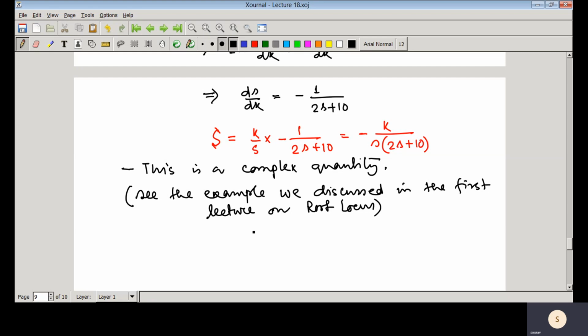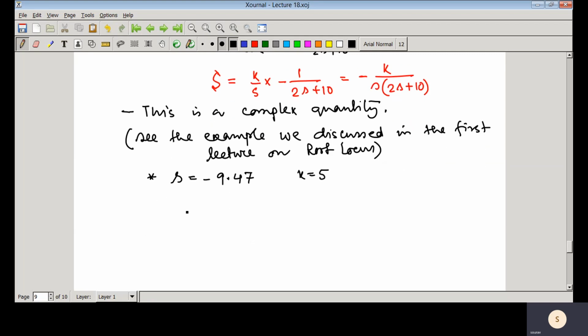From that example we are taking data, that means we get S equal to, the location of that pole was minus 9.47 when K was 5. So in that case, what would be the root sensitivity?